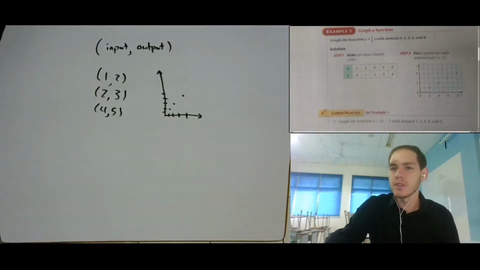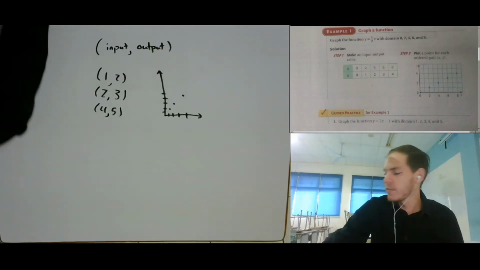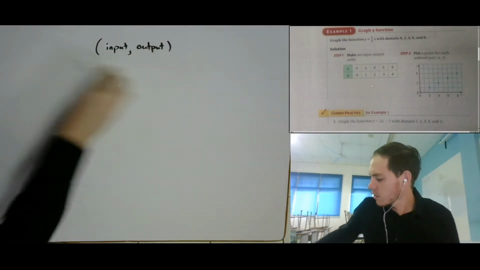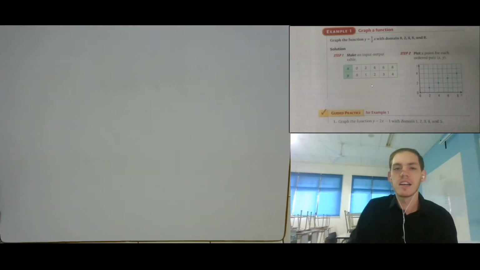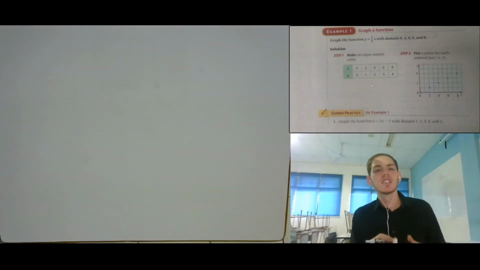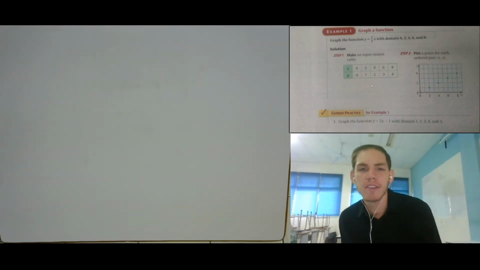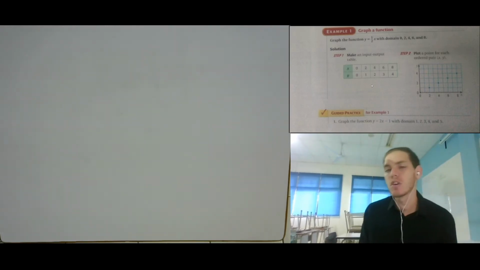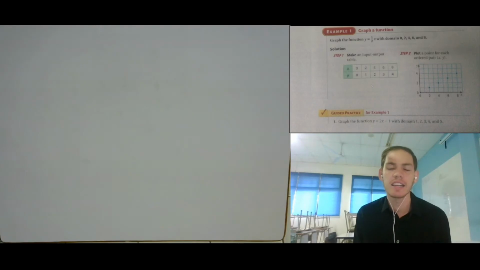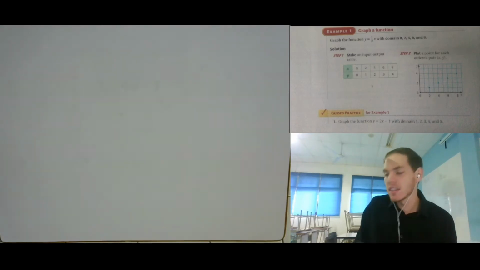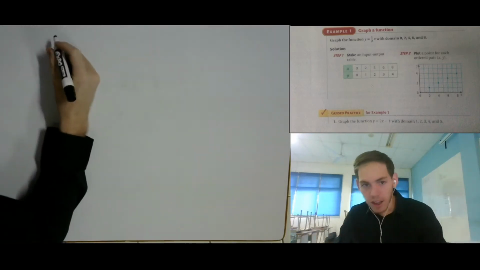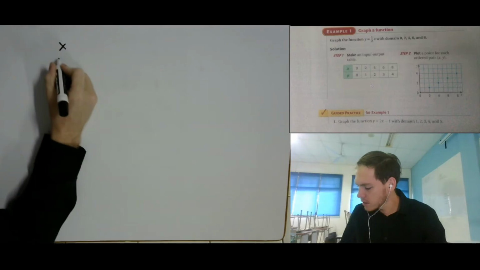Let's look at examples. Example 1 is going to graph the function y equals 1/2 x with domain 0, 2, 4, 6, and 8. In this case, step 1, have our x and our y.